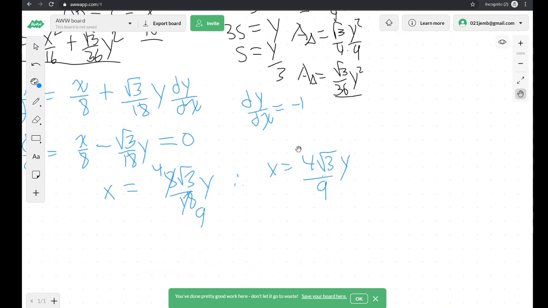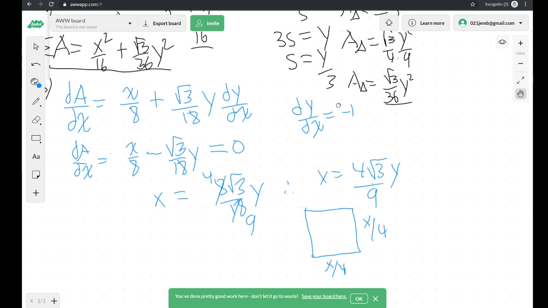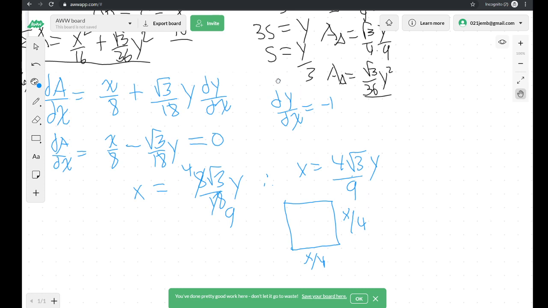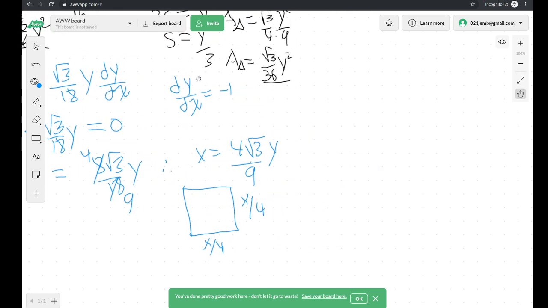So if we were to look at the square, we know that each side is x over 4. And so when we find that 4 radical 3 over 9 y equals x, we can substitute that in there to find the area.